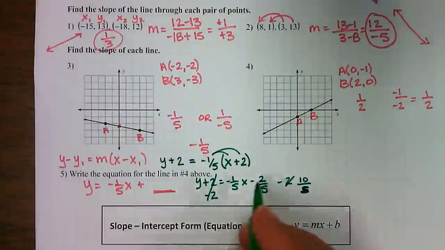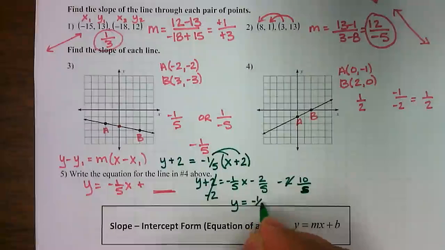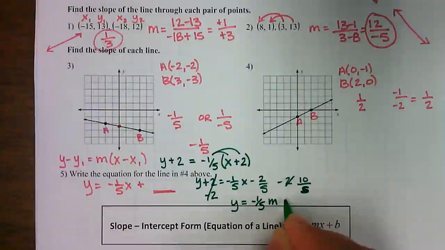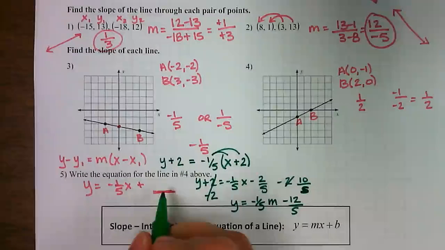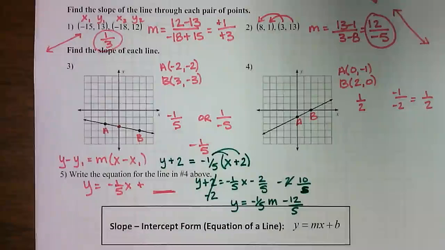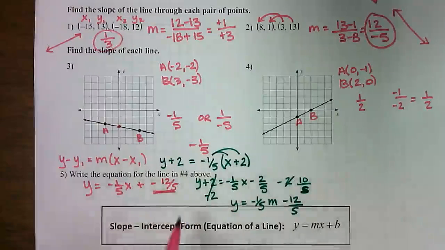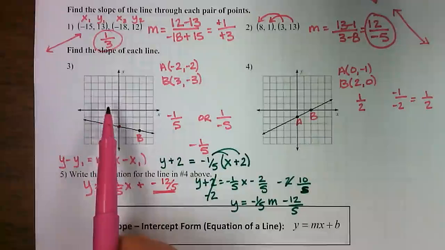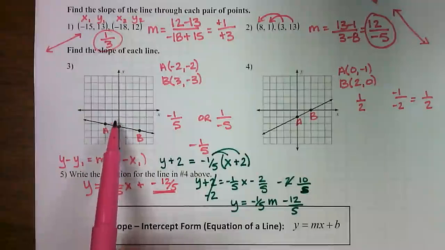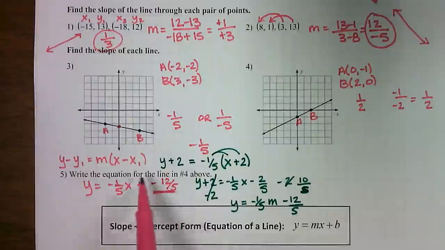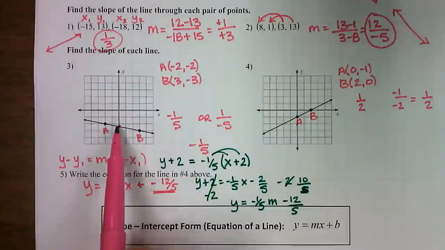And so now my equation will look like the y equals mx plus b format, right? So this answer here should be -12/5, okay? So look at where it hits. What is -12/5? Well, it's like 2 2/5. So past the 2, that looks like about 2 2/5.